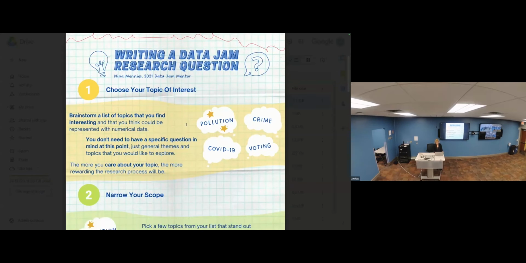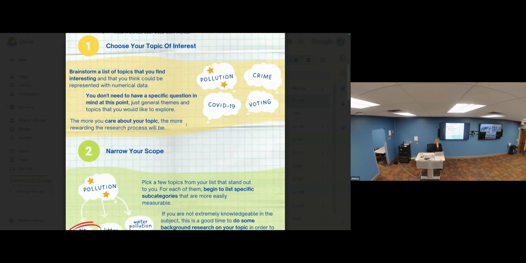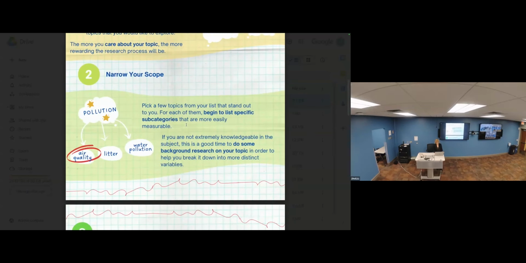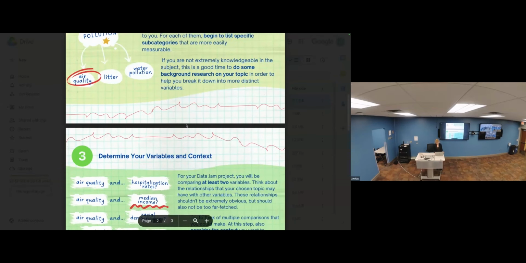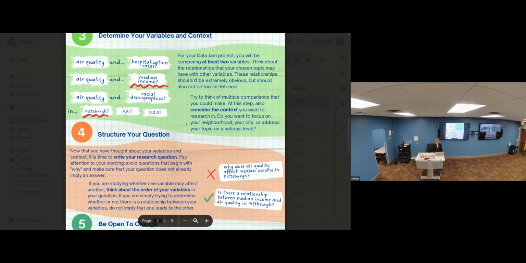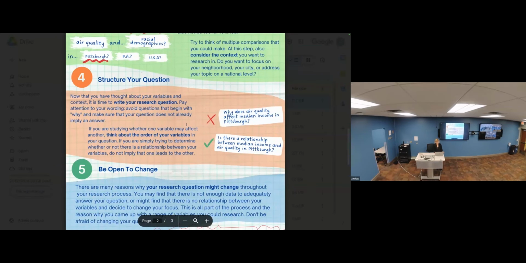She says, choose your topic of interest, narrow your scope, and has some key ideas for how to do that. Then determine your variables and your context, structure your question, be open to change.